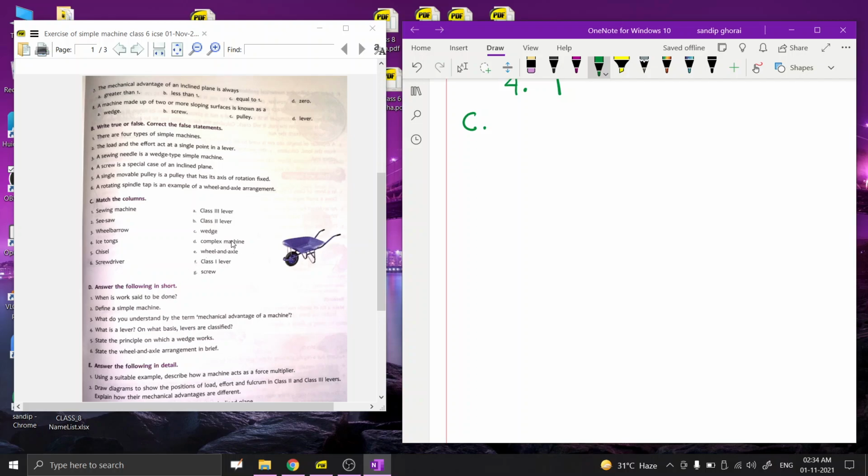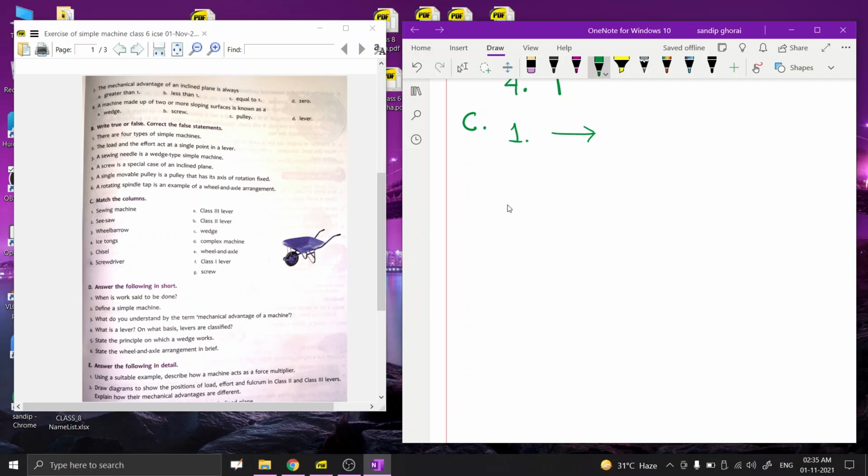And on the right side there are several types of simple machines. First one class 3 lever, second one class 2 lever, third one wedge, fourth one complex machine, fifth one wheel and axle, sixth class 1 lever, and seventh is screw. In this case, first is sewing machine. Generally, a sewing machine is a complex machine.